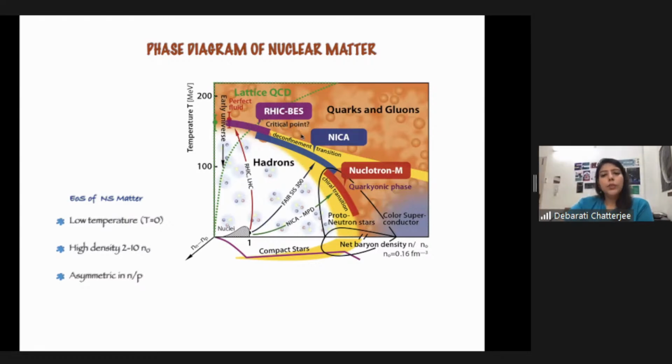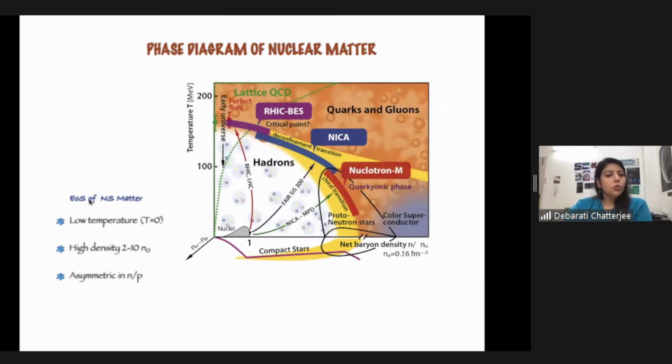And then beyond this, there are many possible different phases of matter that can appear at very high densities or very high temperatures, similar to early universe conditions and so on. So this tells you that all the information we can get from nuclear experiments or heavy ion collision experiments is not at the same conditions we are looking at for compact stars.